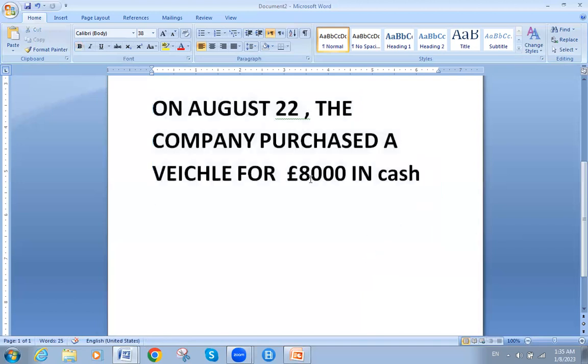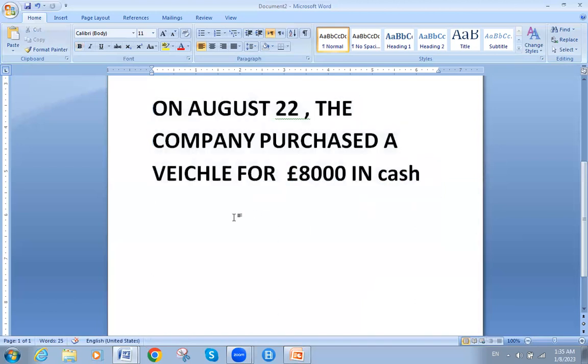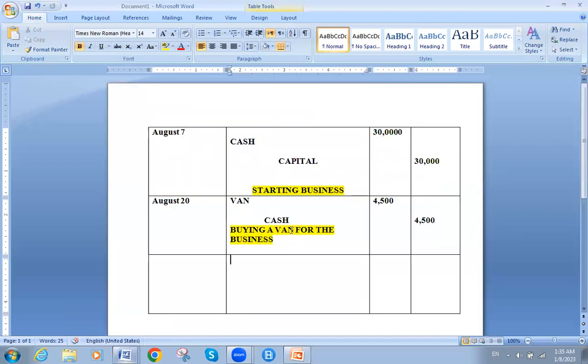Okay, cool. What we will do right now in these transactions, same as we saw, we'll go from the vehicle, because the vehicle value is increased. We have vehicles and the vehicle value is increased, into cash.